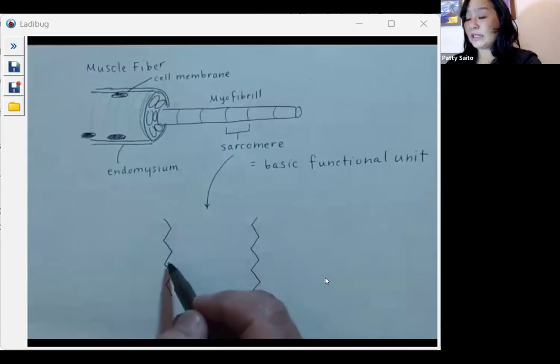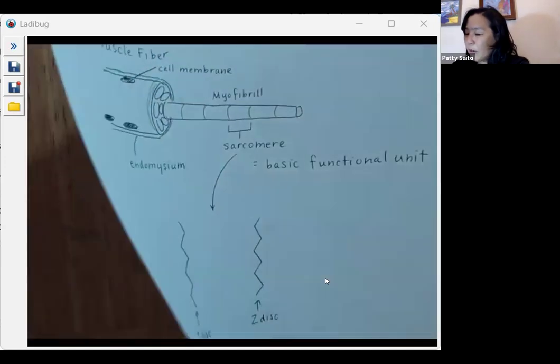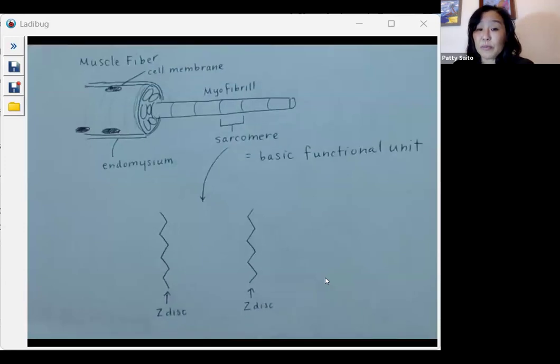It's got this little zigzaggy pattern to it. These boundaries are called Z discs or Z lines, depending on what your textbook is. All right, so the boundaries of the sarcomere are these Z discs.